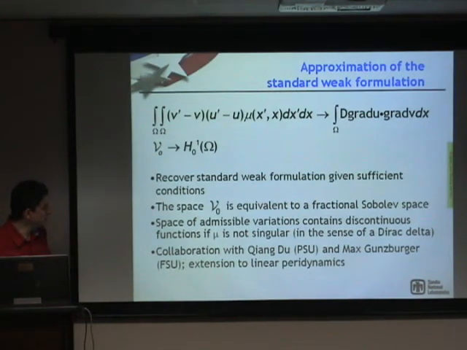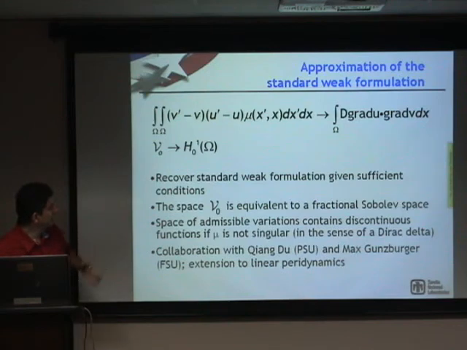Work that we're doing with Chung Du at Penn State is to actually show that in a general setting, the space V sub 0 is equivalent to a fractional Sobolev space, okay? And it's depending upon mu, which is the big ticket right here.